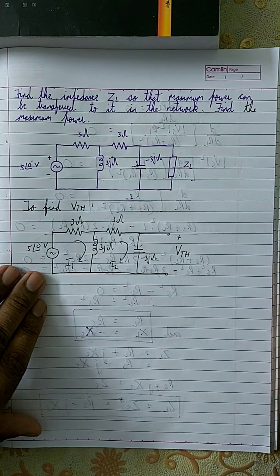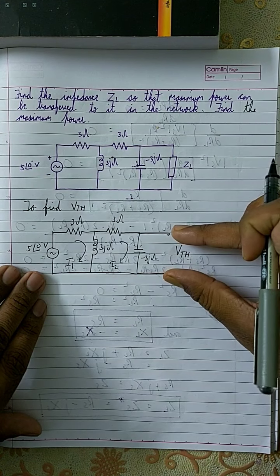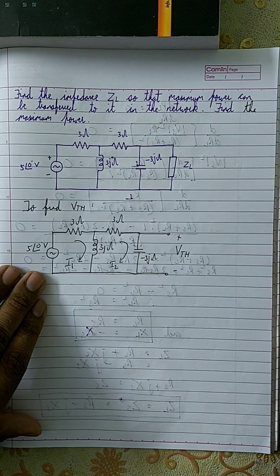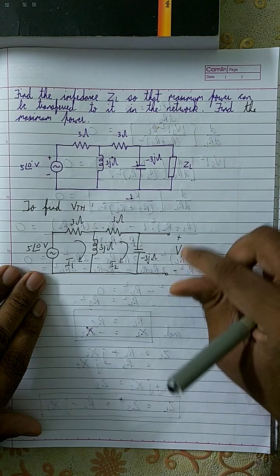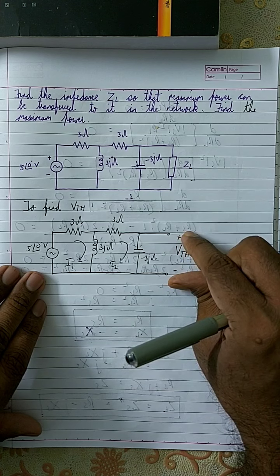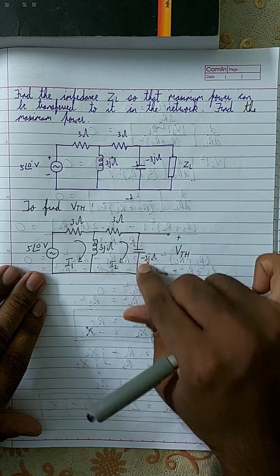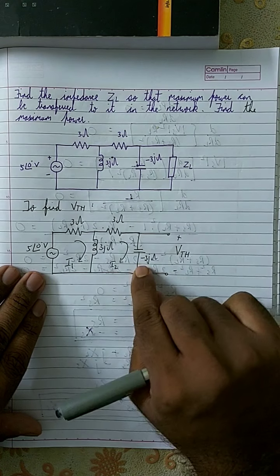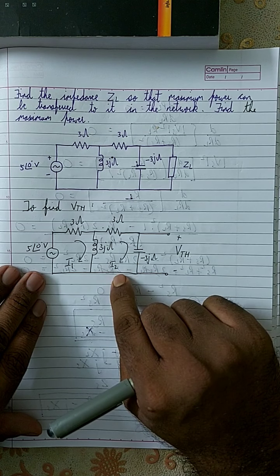Since this is the open voltage, you don't need to assume that I3 is equal to 0. There's no use for that. It's much easier: if this is VTH, then the voltage across this capacitor is also VTH. What is the impedance? Minus 3j. And what is the current? I2.